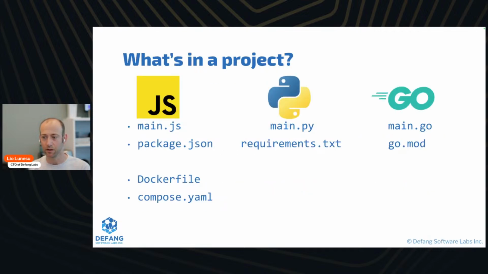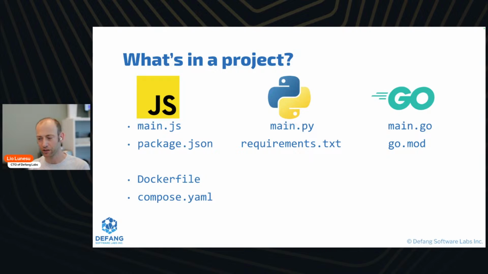So what is a project? Defang generate creates a project for us. What is in it? As we've seen before, there's a compose YAML. And then, depending on the language you picked, you'll have different files. For a JavaScript project, you can expect a package.json and a main.js file.